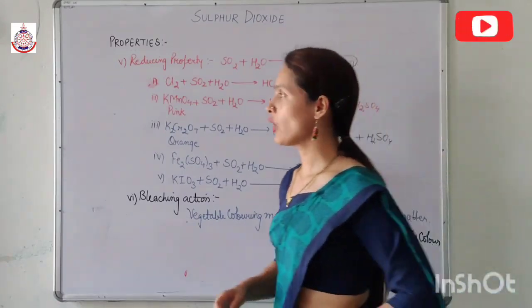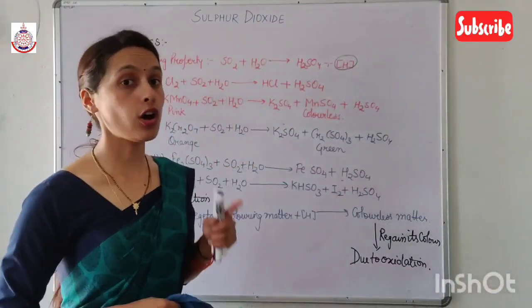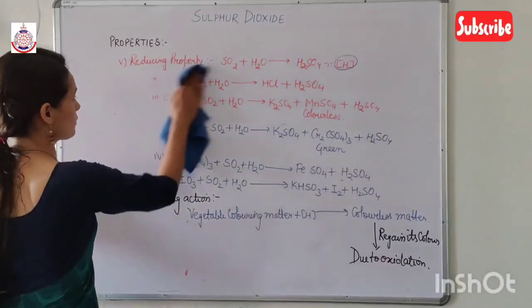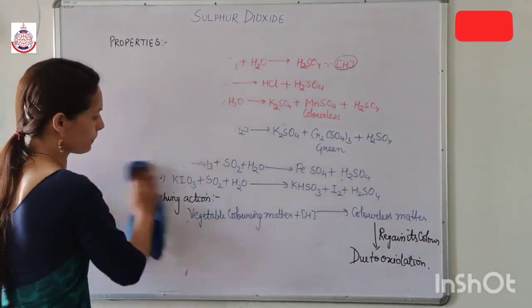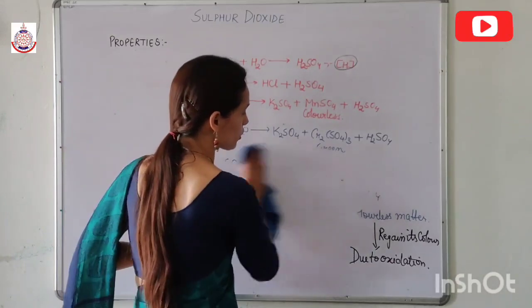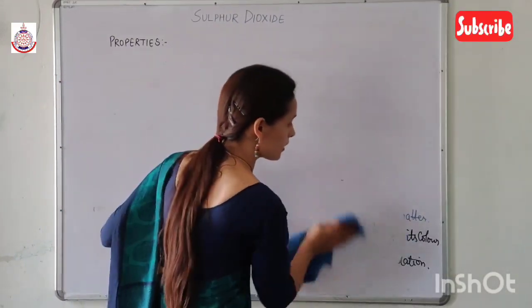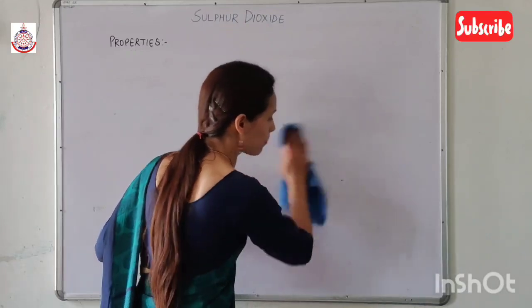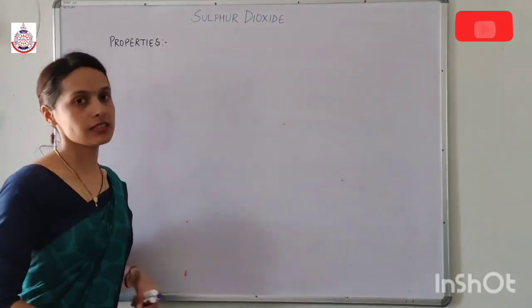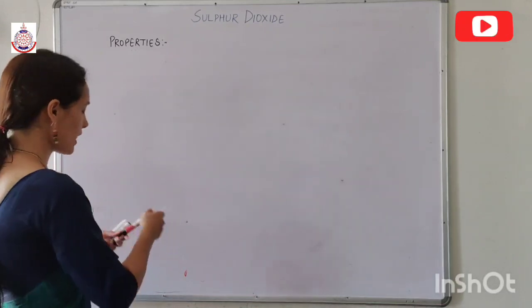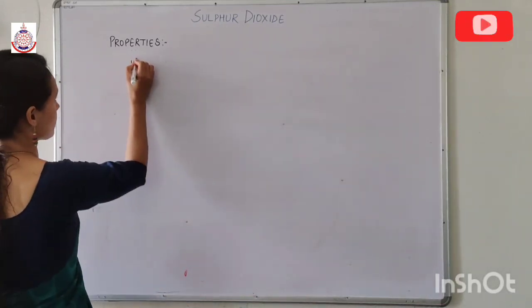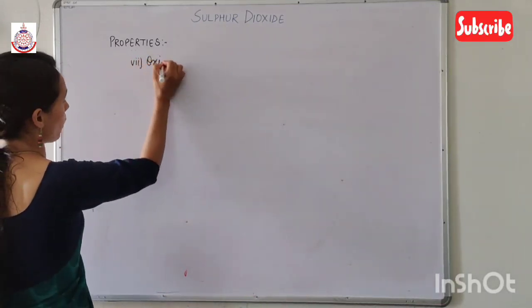So the next property of sulfur dioxide is the oxidizing property. When it behaves as an oxidizing agent, it is reacting with a reducing agent which is more powerful than sulfur dioxide.